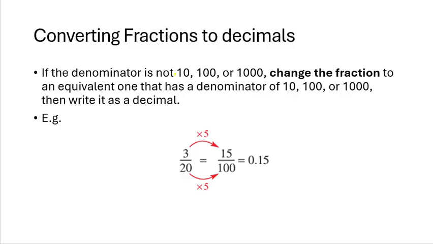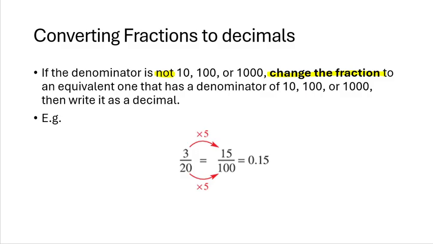Now, if the denominator is not a 10, 100, or 1,000, you need to change the fraction to an equivalent one. Basically, you multiply or divide both the numerator and the denominator by a certain number until you get a denominator of 10, 100, or 1000. In my example here, I've got 3 over 20.